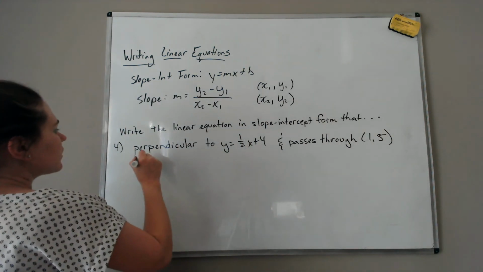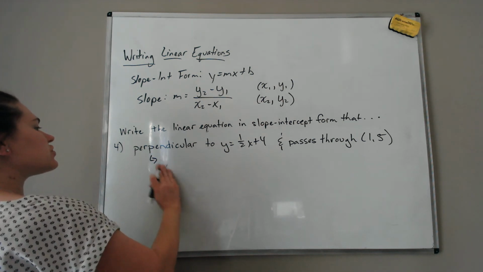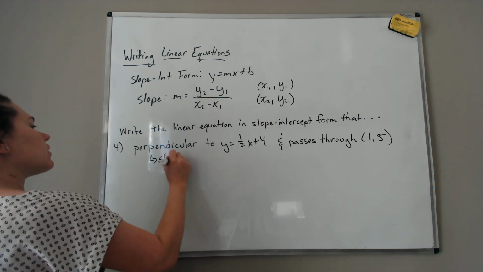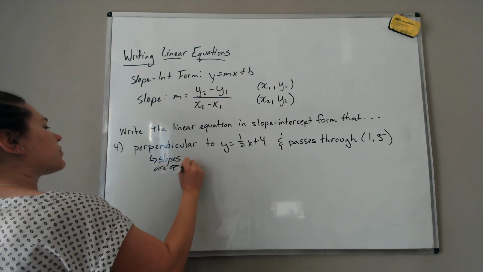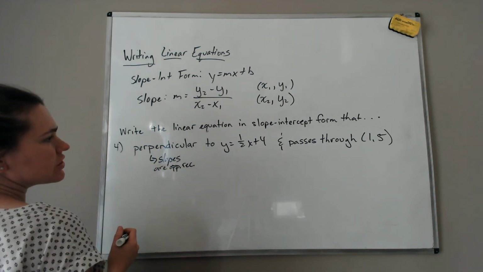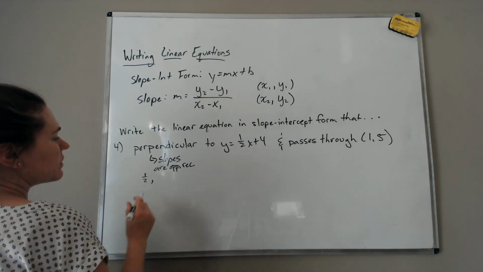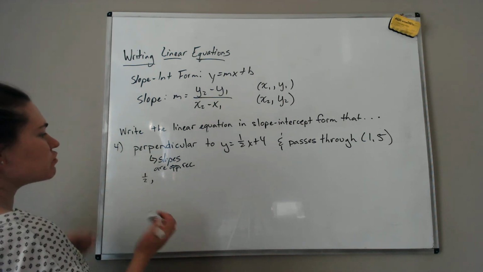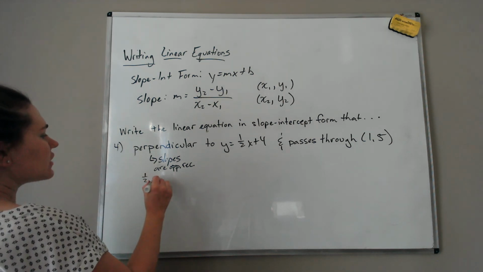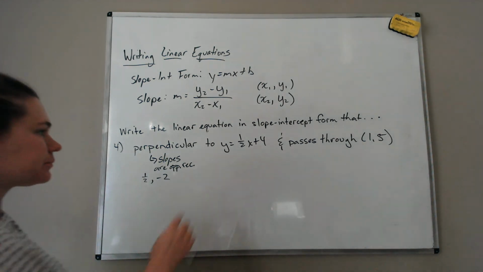So perpendicular means they form a 90-degree angle. That means that their slopes are opposite reciprocals. Now, opposite reciprocal means if you have 1/2, reciprocal means you flip it, so 2/1, and then you make it the opposite sign. So if this is positive, that means -2 would be the opposite reciprocal.